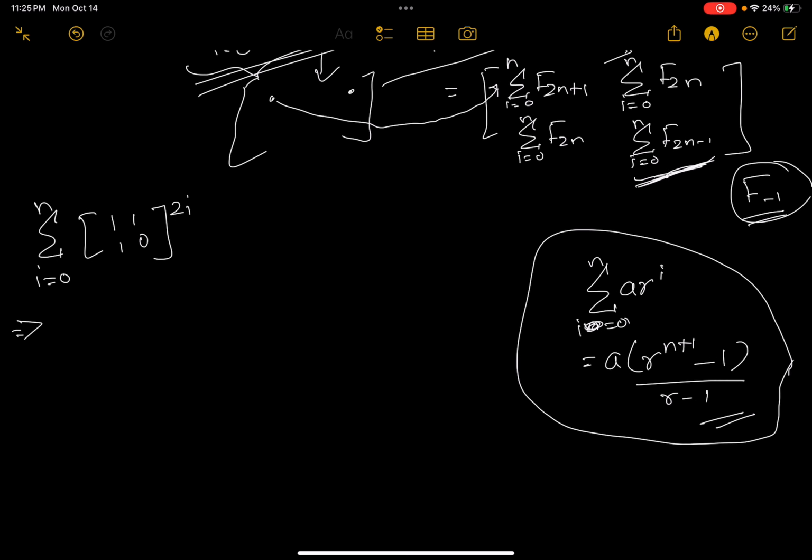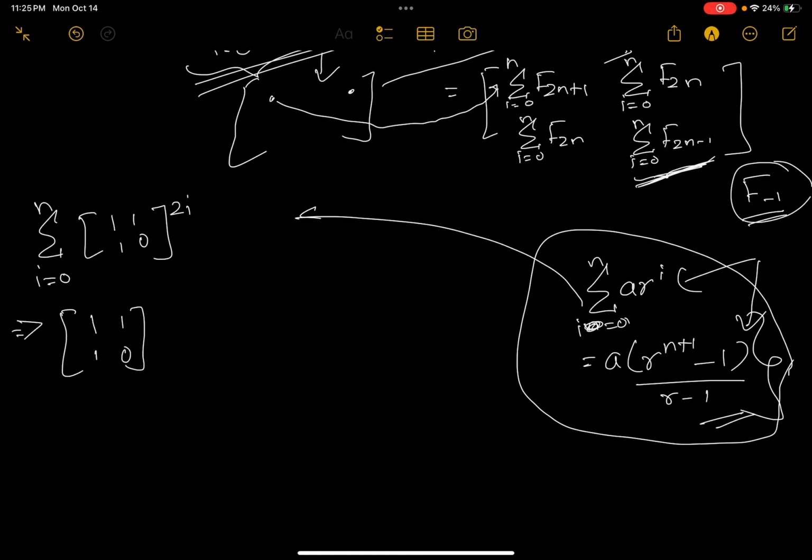I don't think that's magic, because in the derivation of this formula we don't specify what a and r are. We don't specify them as numbers, and that's how it's derived. So it's supposed to work here, and it does. Now our first term a is the matrix to the power 2 times 0.